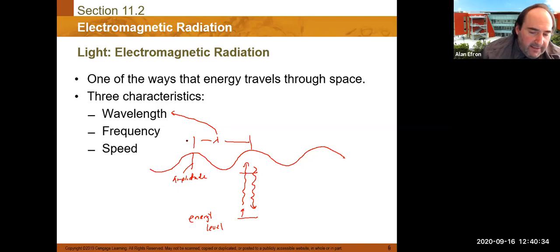And oftentimes when that electron comes back down in energy, it gives off that energy in the form of a wave that has a specific wavelength. And this is sometimes what is referred to as a photon of light. And so what waves do a lot of times is they're able to transmit energy through space, and energy is moved around through space in the form of waves.